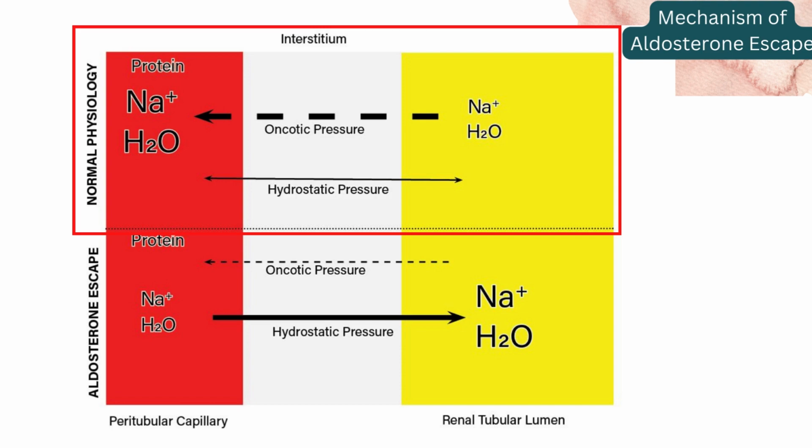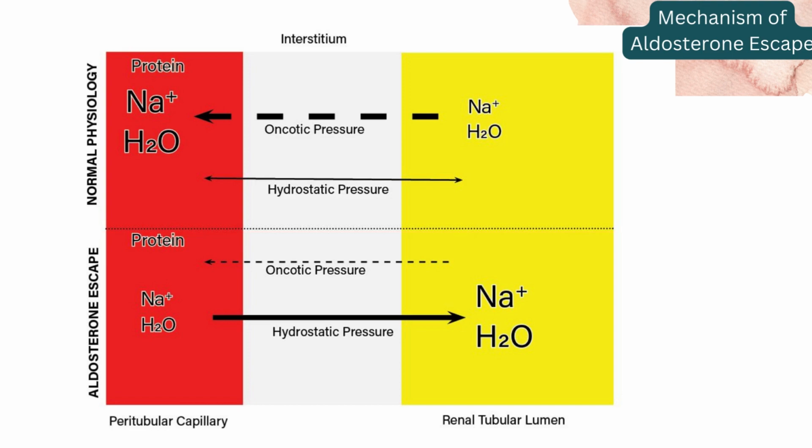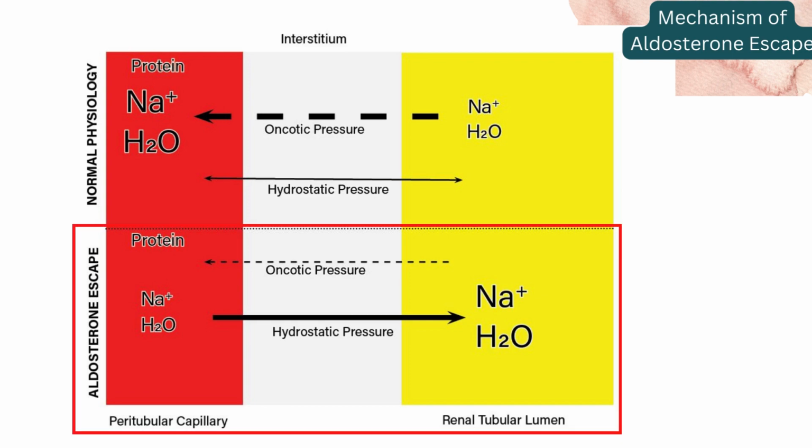Because protein is much higher in the peritubular capillary compared to the interstitium, sodium and water are transported from the interstitium into the capillaries via oncotic forces. Conversely, in the setting of hyperaldosteronism, plasma volume expansion results in an overwhelmingly high hydrostatic pressure compared to the oncotic pressure in the peritubular capillaries.